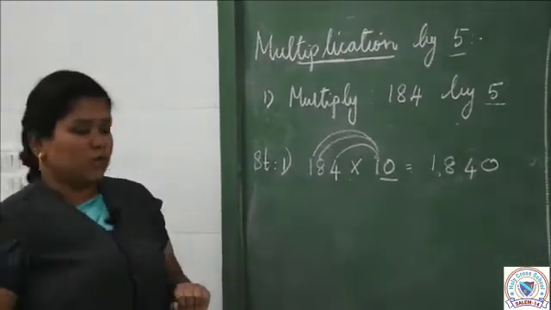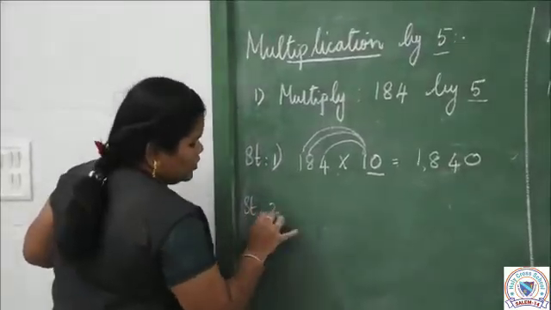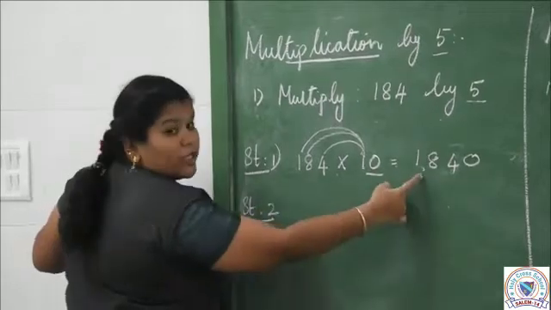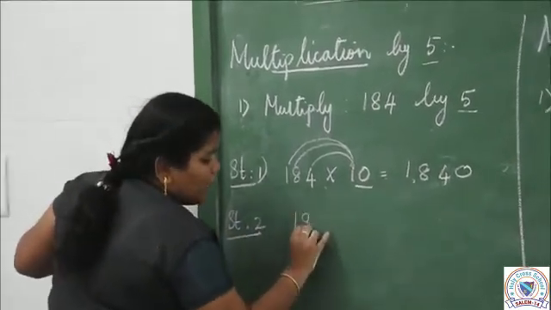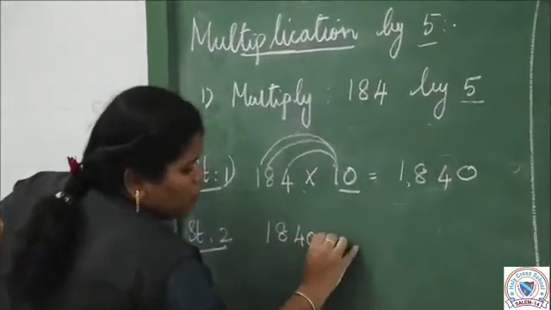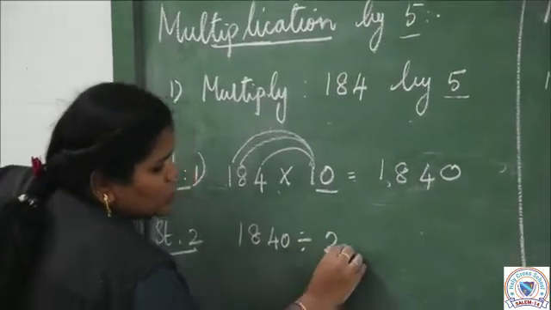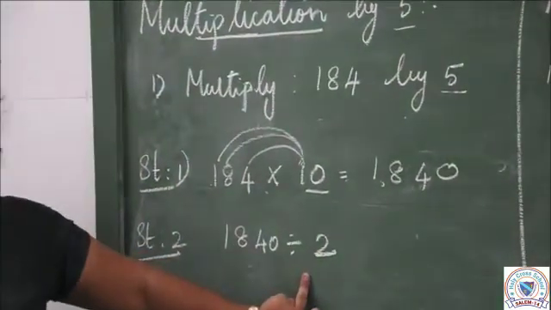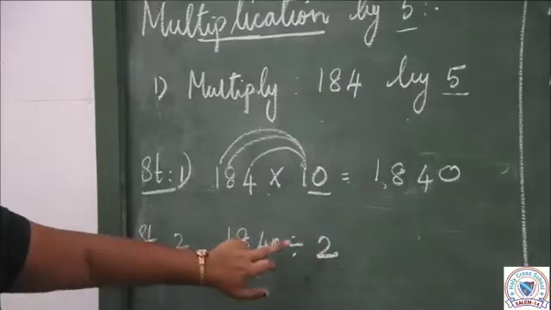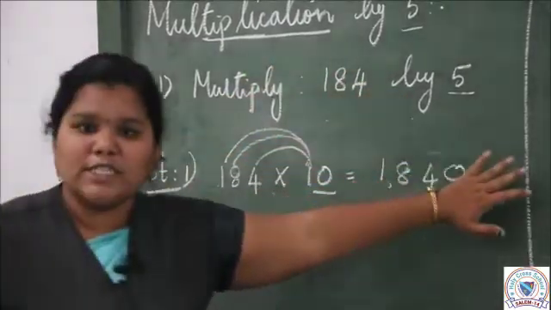Next, step 2, we are going to divide 1840 by 2. Why are we dividing by 2? Because 2 is also a factor of 10.